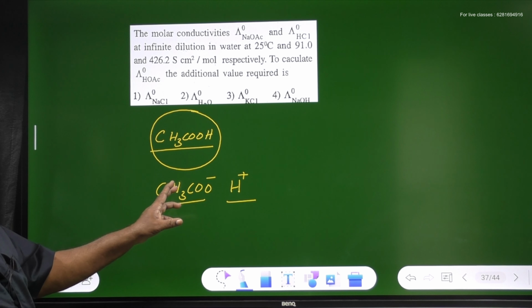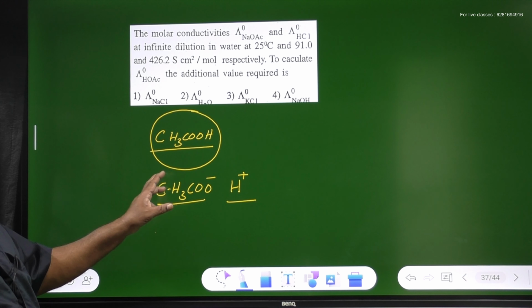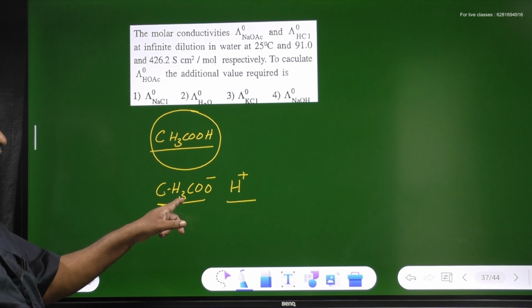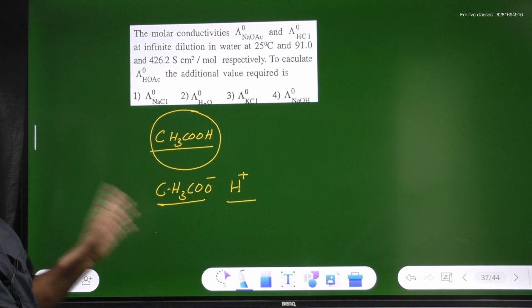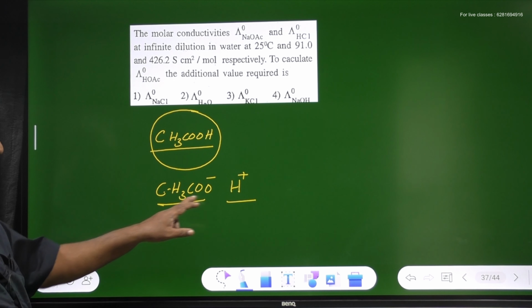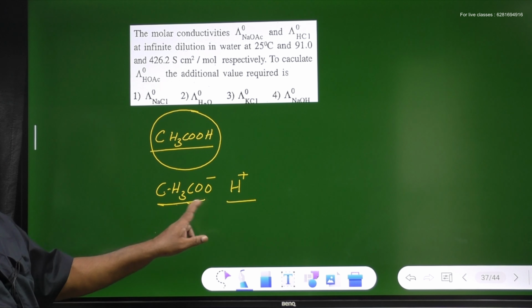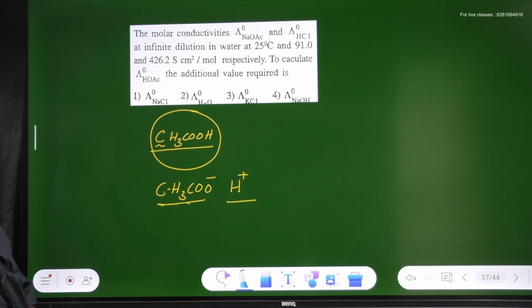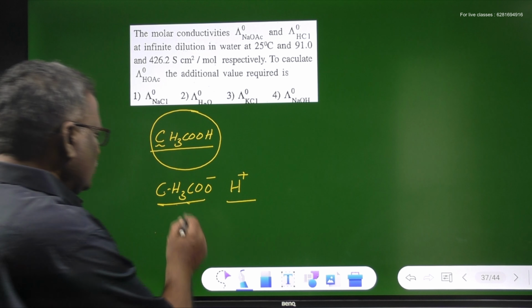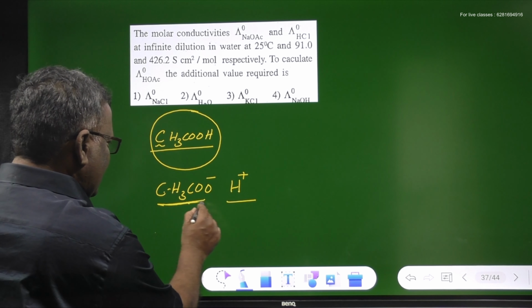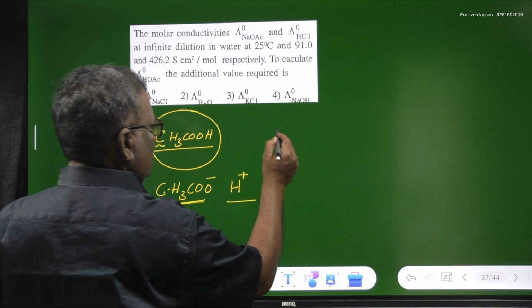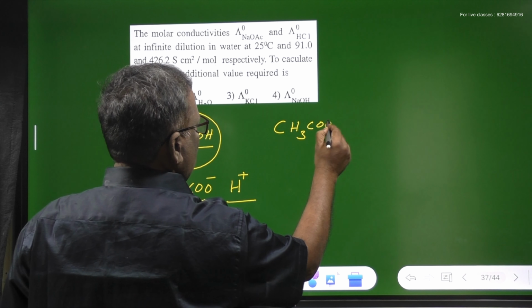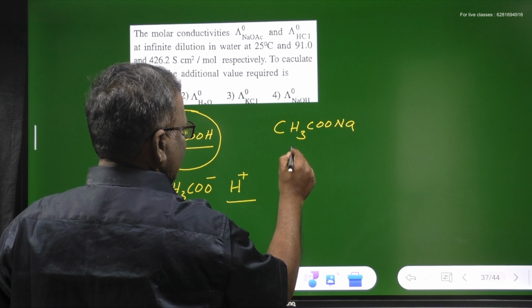We cannot measure the limiting molar conductivity of a weak electrolyte unless we know the limiting molar conductivities of anion and cation. Kohlrausch law states that if we know the limiting molar conductivities of these two ions, we can calculate the limiting molar conductivity of this. So we need strong electrolytes which are having common ions: acetate ion, the salt of acetic acid, CH3COONa, and HCl.